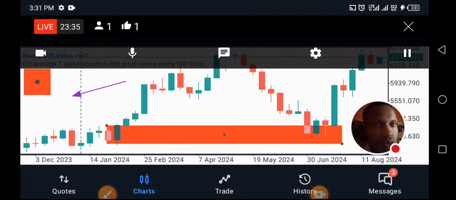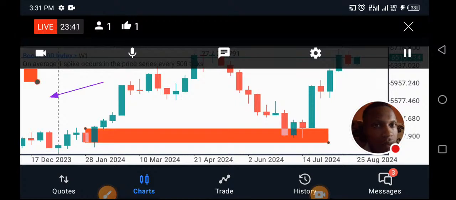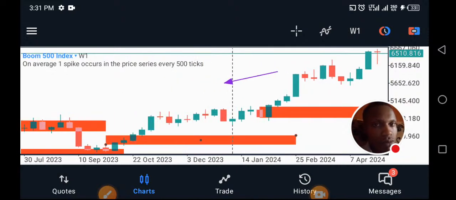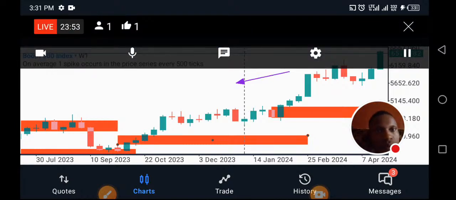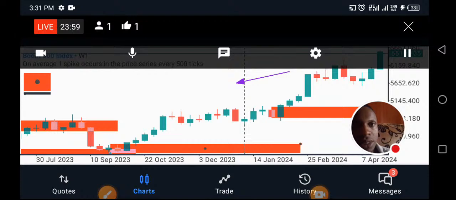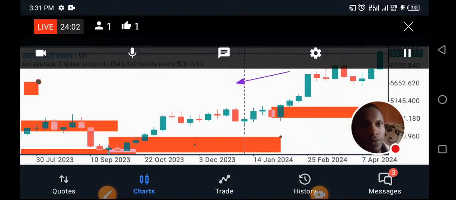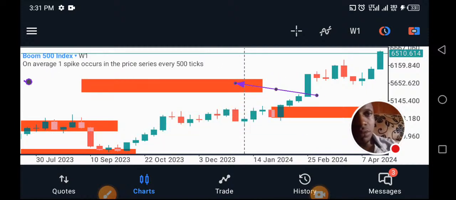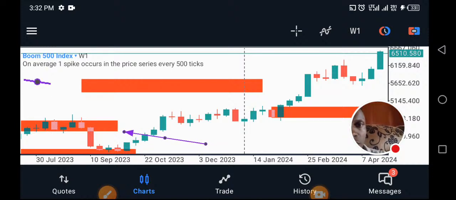So you can draw it like that, and then you can see that you can have it this way. Now if you look here also, the way we are able to draw this, if you look very well guys, you notice that we have to place it from this particular wick here, the top of this wick, to the bottom here.